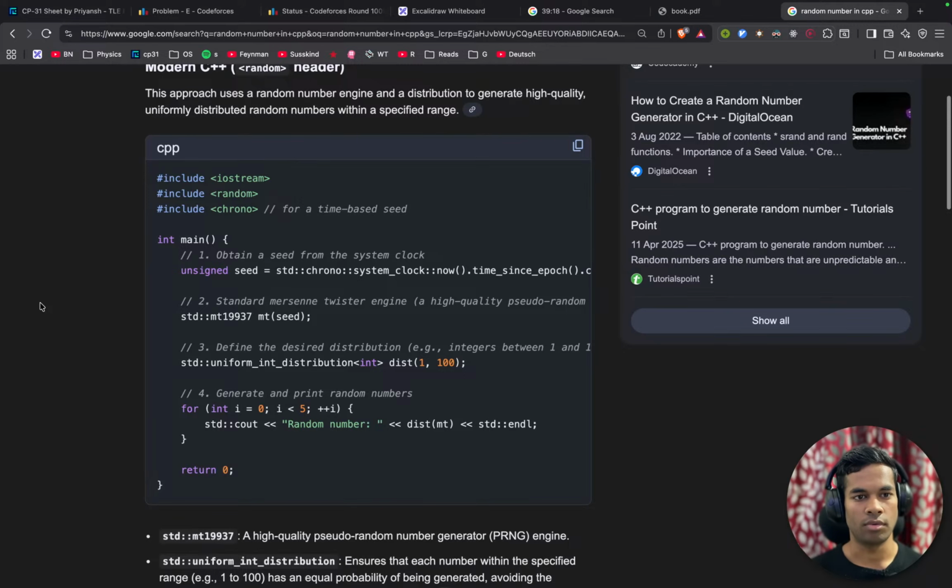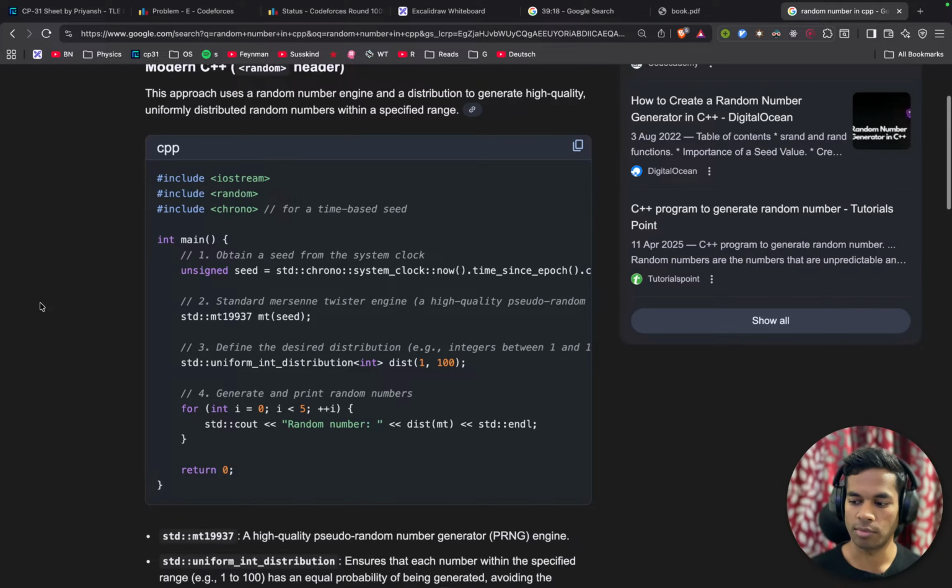Okay, let's do auto seed equals chrono clock now, or chrono system clock.